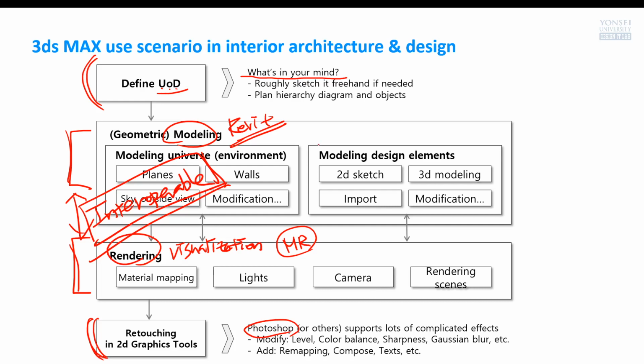3D Max is very similar to SketchUp and Rhino, but the one difference is only the user interface. As you know, the 3D Max interface is very scary, very messy, not good. SketchUp is really intuitive and easy to use, with an easy-looking interface. That's why SketchUp is very popular. But their technology behind it is always the same.